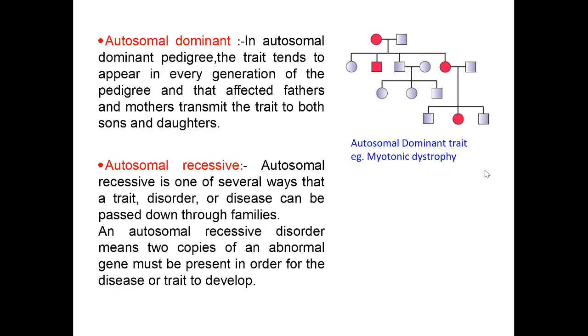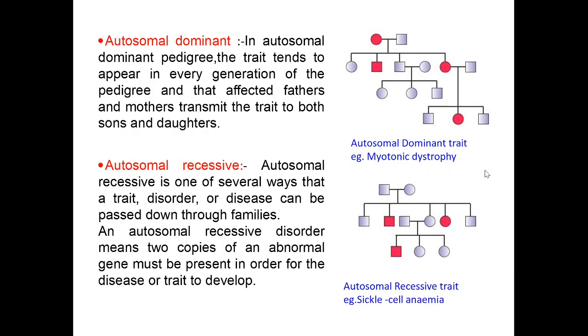Then we have autosomal recessive. Autosomal recessive is one of several ways that a trait, disorder, or disease can be passed down through families. An autosomal recessive disorder means two copies of an abnormal gene must be present in order for the disease or trait to develop.